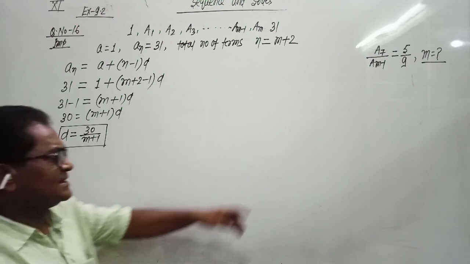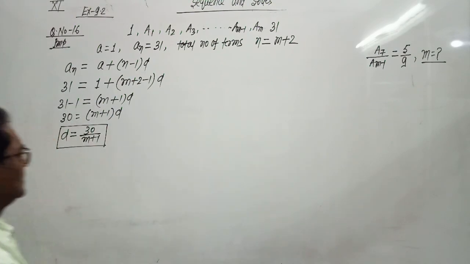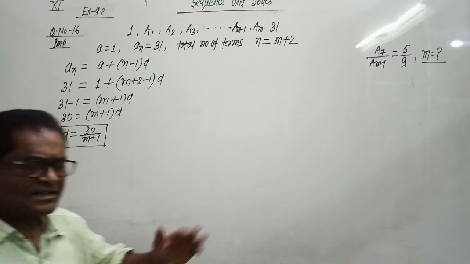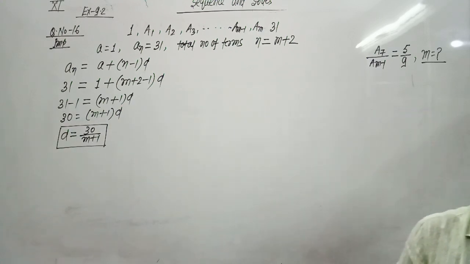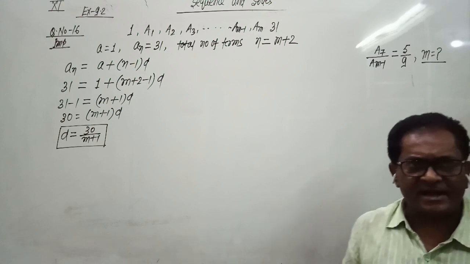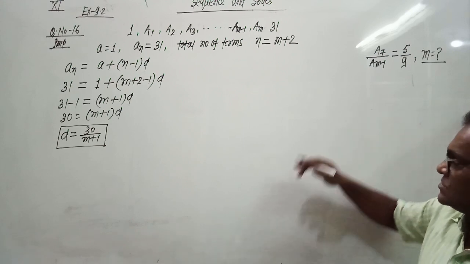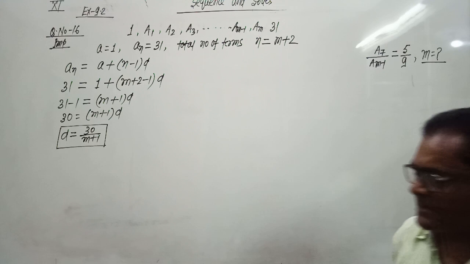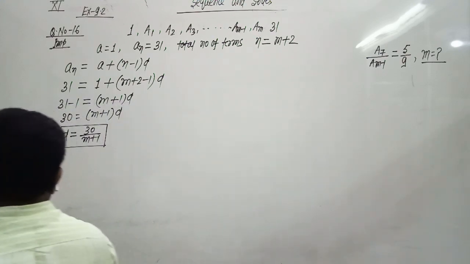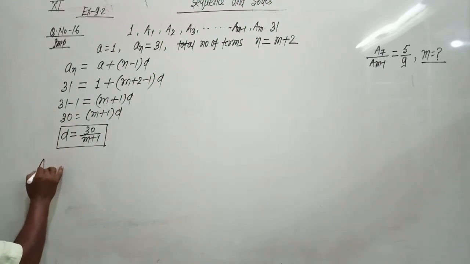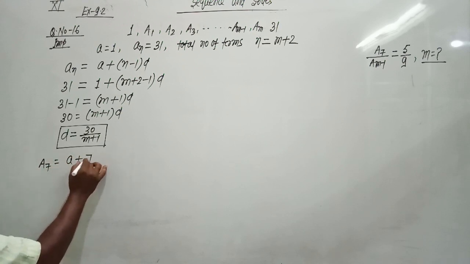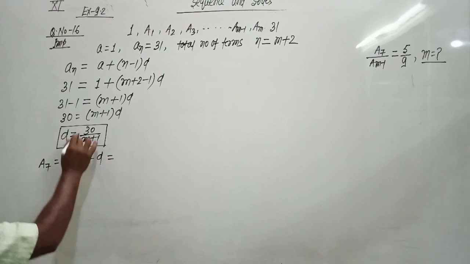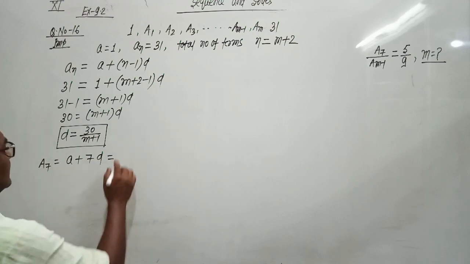Then we calculate the 7th term. So a1 is written as a plus d, a2 is written as a plus 2d, a3 is written as a plus 3d. Likewise a7 is written as a plus 7d, and we put the values of a and d.